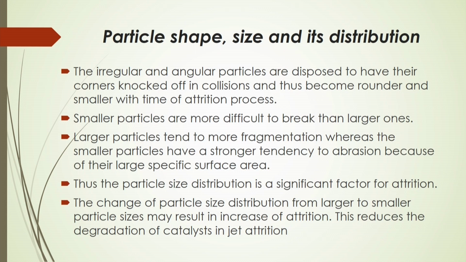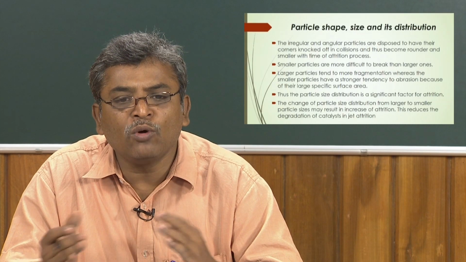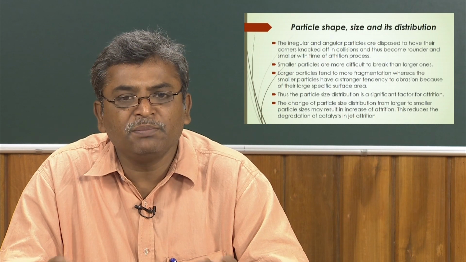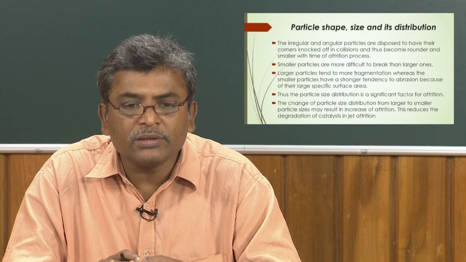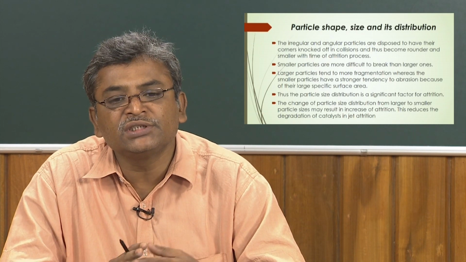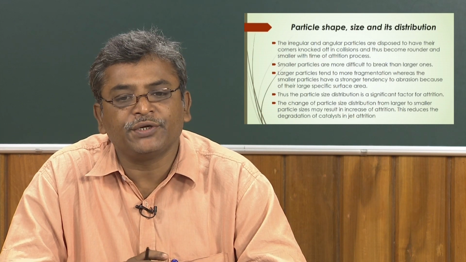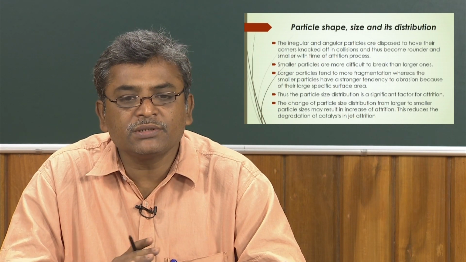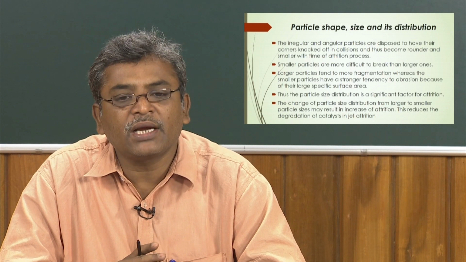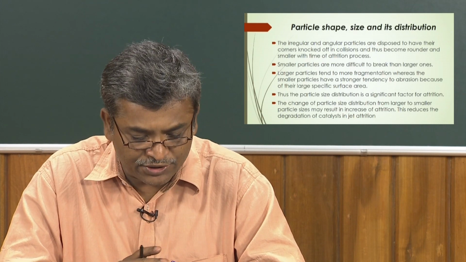Particle size distribution is a significant factor in attrition, and a change of particle size distribution from larger to smaller sizes, whether wider or narrower, will result in an increase of attrition. So, this reduces the degradation of the catalyst in jet attrition.